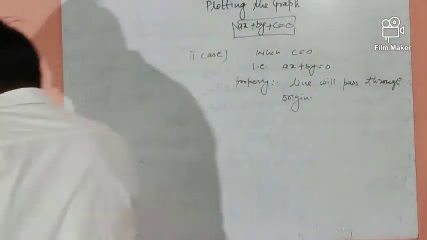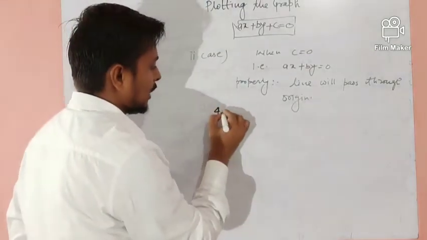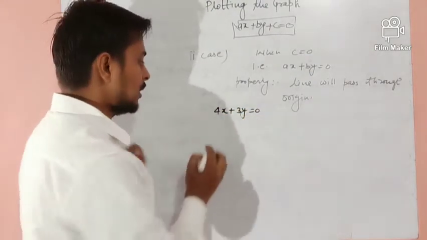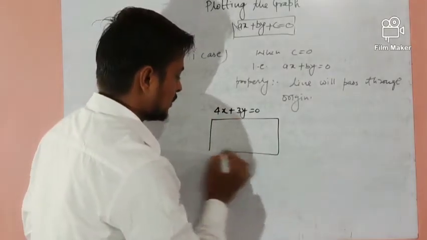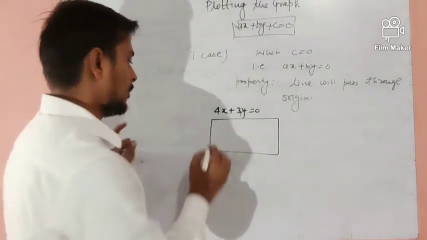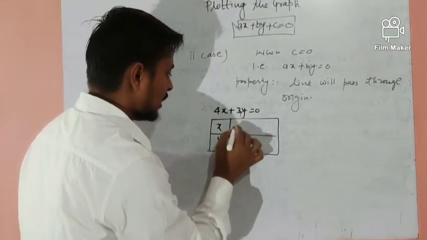So the example we will take, suppose 4x plus 3y is equal to 0. Simple thing. So our rule is what? That rule, the trick, is not applicable here. So we will follow the simple general rule, x, y.